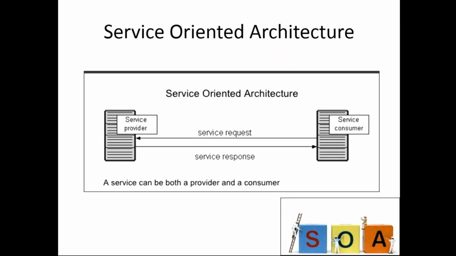But for the sake of some functionality, these two systems are connected through an SOA architecture. So both the systems can exist independently in your software universe, but for the sake of some functionality, both are connected through your SOA architecture, SOA based software.